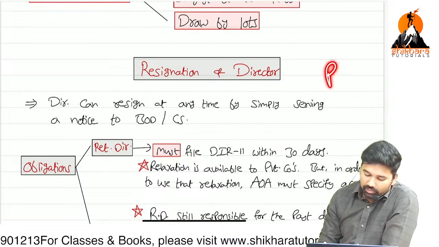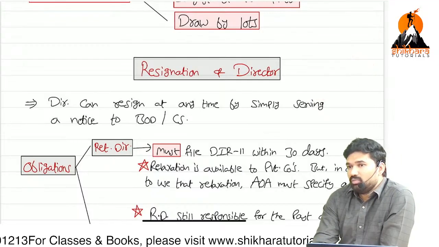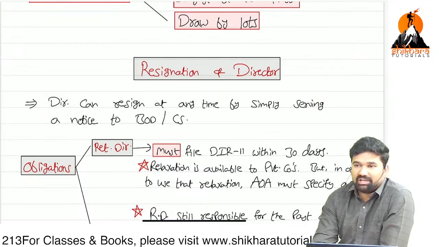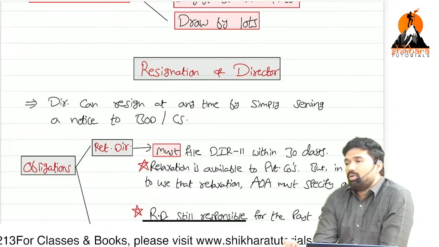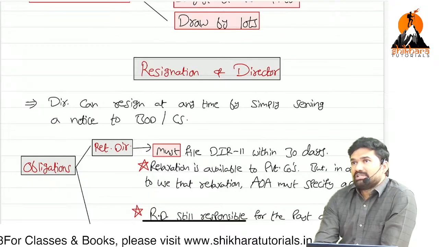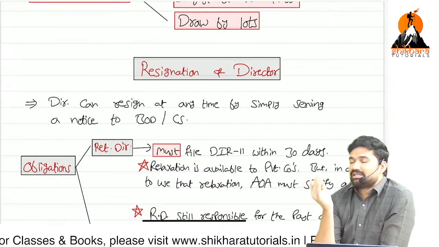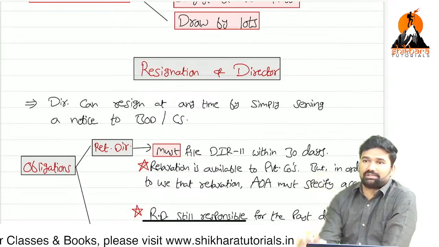So today we will try to complete the discussion with respect to POI, particulars of interest, which is section 184. After the completion of resignation, removal, POI, if time permits, we will discuss powers and duties.